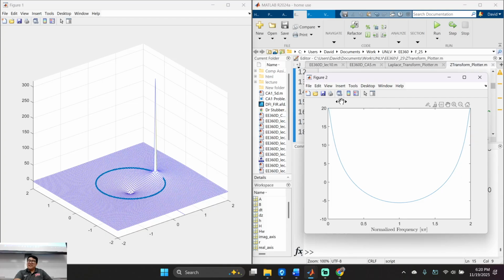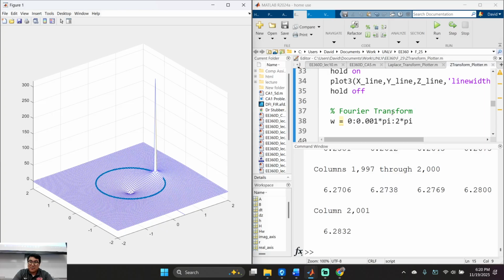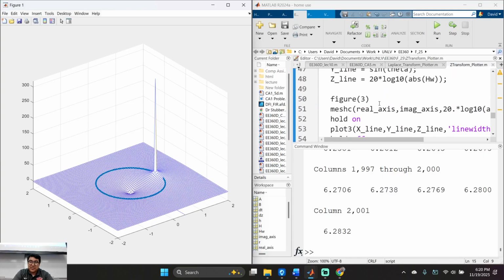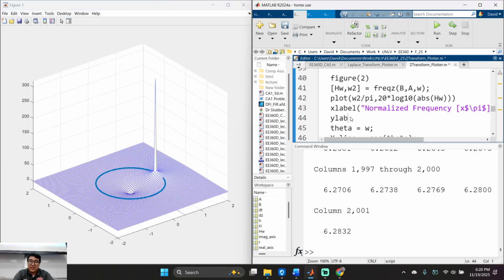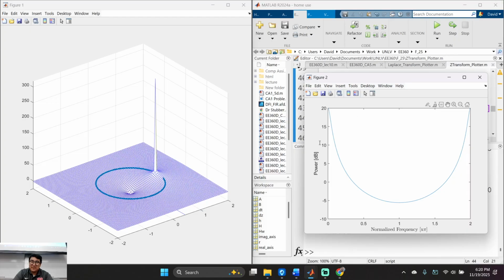Cool? Yeah, 20 dB. That's something I forgot to mention. This right here is gonna be Y label, power in dB. There we go. That's good.